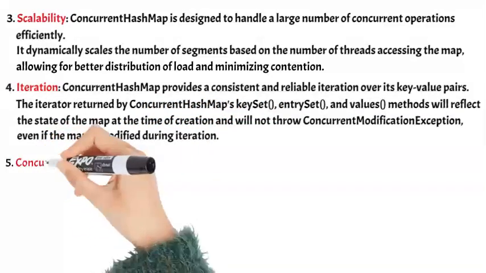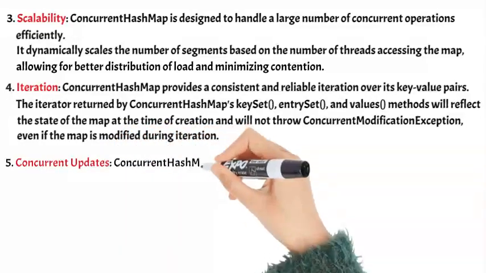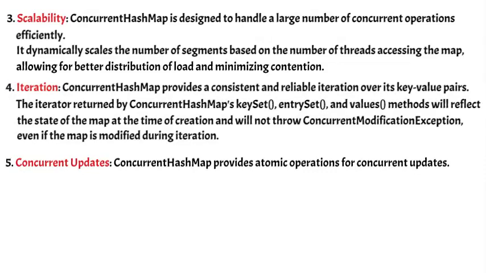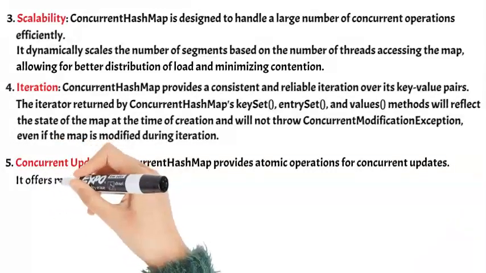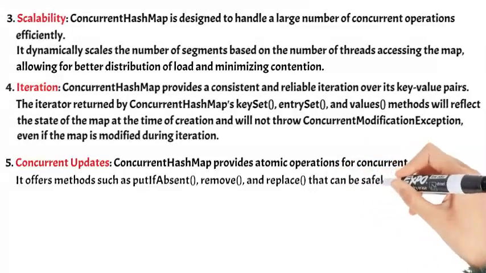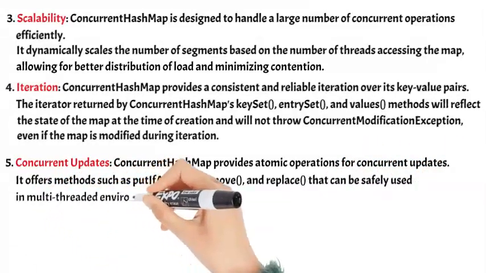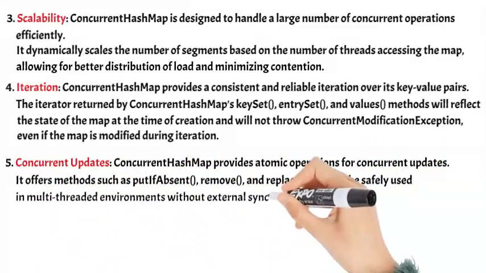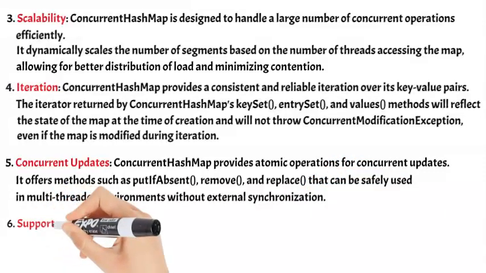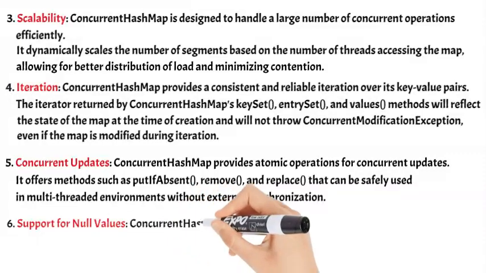5. Concurrent updates. ConcurrentHashMap provides atomic operations for concurrent updates. It offers methods such as putIfAbsent, remove, and replace that can be safely used in multi-threaded environments without external synchronization. 6. Support for null values.